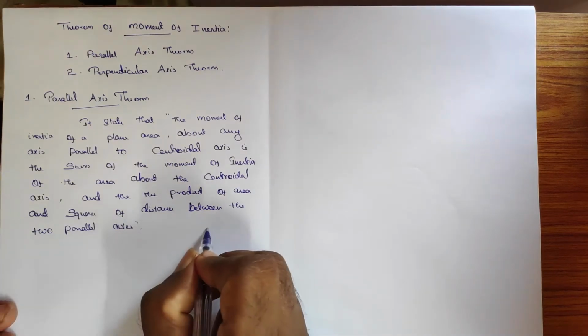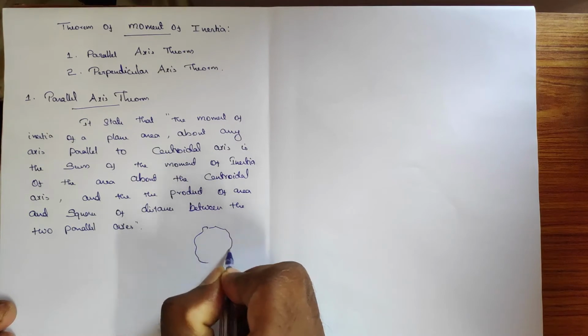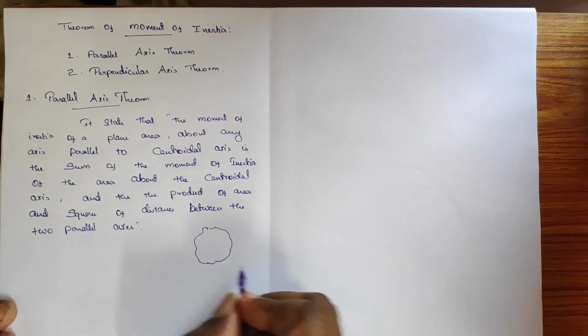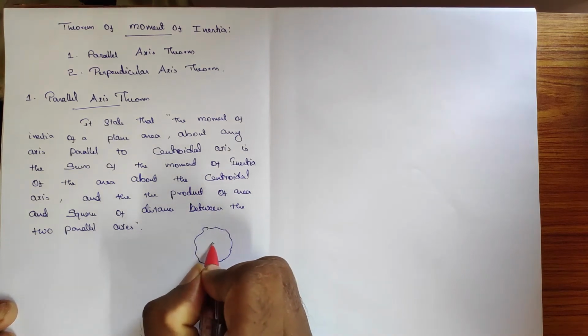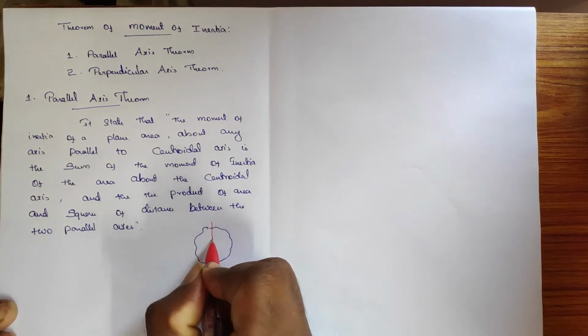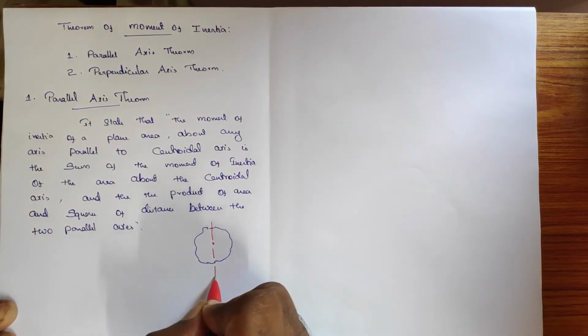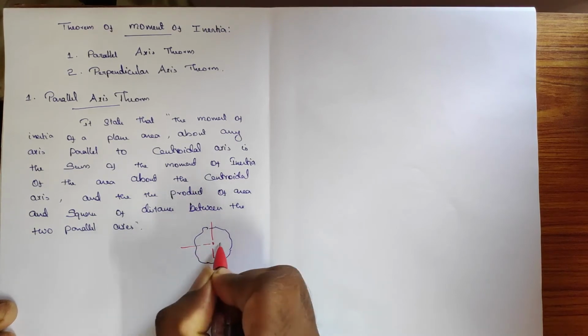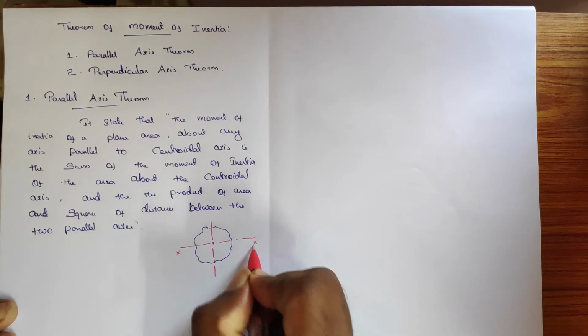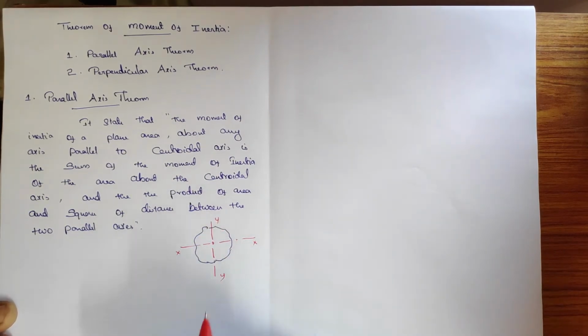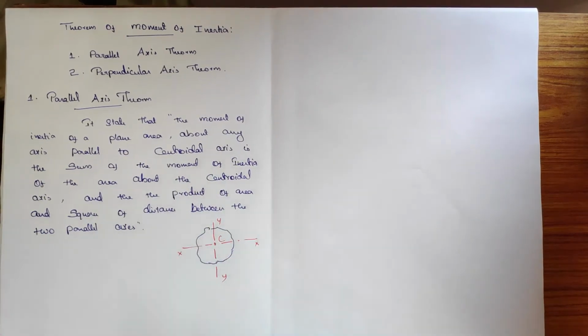To understand, I am going to take an object. For any object there will be a centroid at the middle of it. This is the centroidal axis, x and y, the centroidal axis C.